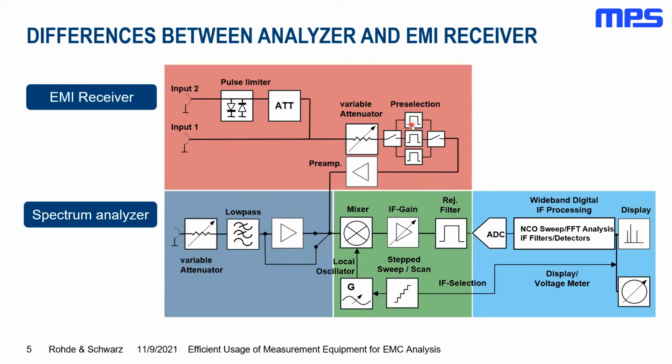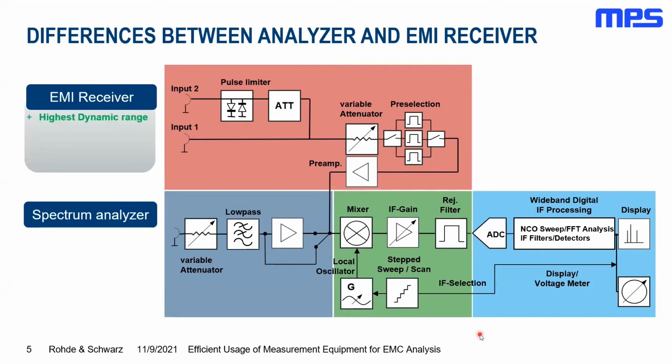And these pre-selectors, we'll come to that in a minute, are very valuable in terms of suppression of high power disturbers close to smaller signals on our DUT side. Afterwards, both instruments, the spectrum analyzer and EMI receiver, are doing the same. So we have the mixing process and later on the display of the different measurements there.